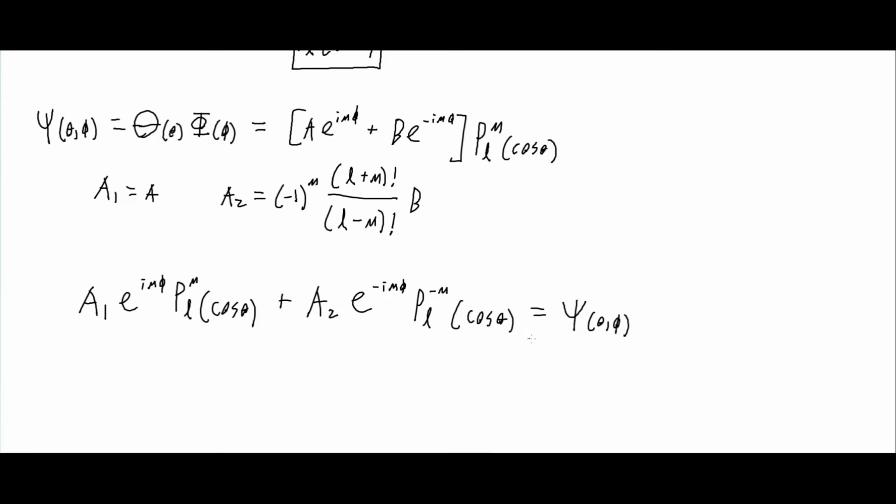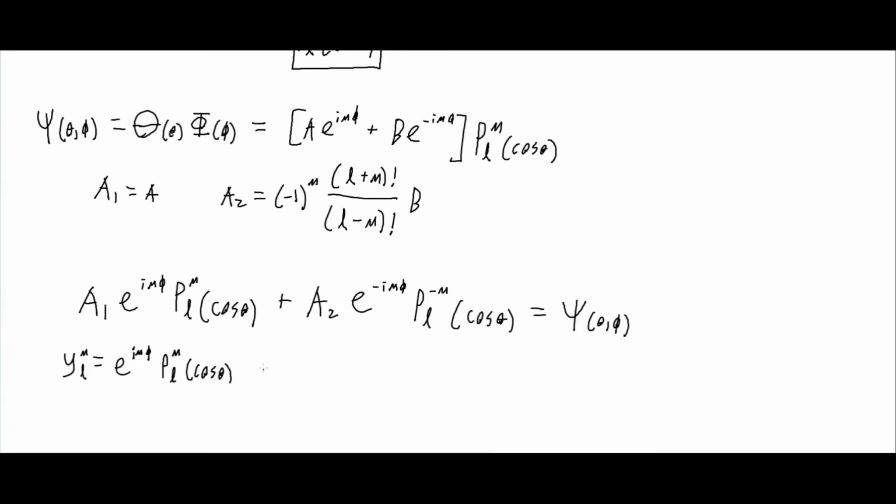What you will often see is that these terms are simplified down to a single symbol, Y_L^m, which is equal to e to the i m phi times the associated Legendre function, which is a function of cosine theta.